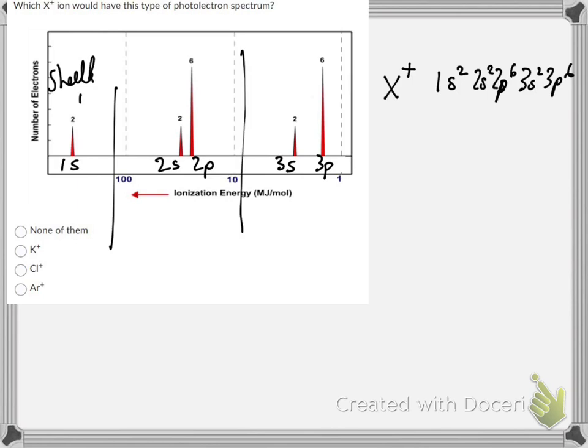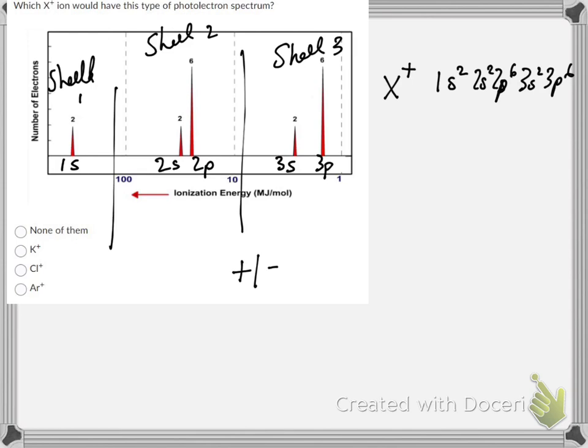Let's review the photoelectron spectrum. This shows us the shell model, and within each shell we see subshells. The maximum occupancy of the first shell is 2, so it's 1s2. The s subshells all have a maximum of 2, while p's have 6. Then shell 2 and shell 3.